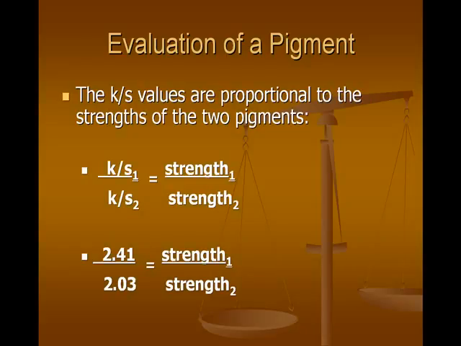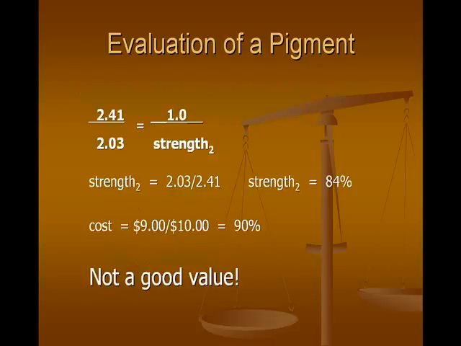Our K and S for pigment number 1 is 2.41. K and S for pigment number 2 is 2.03. And that equals the strength of 1 divided by the strength of 2. We can equate the strength of our control pigment to 1.0 and plug that in. So all we have is one unknown, the strength of number 2.